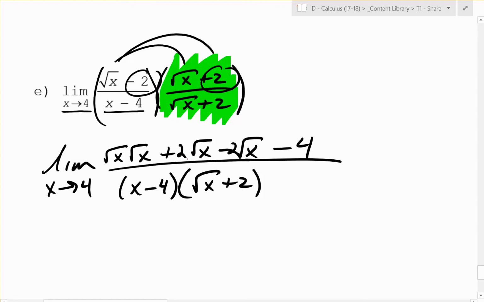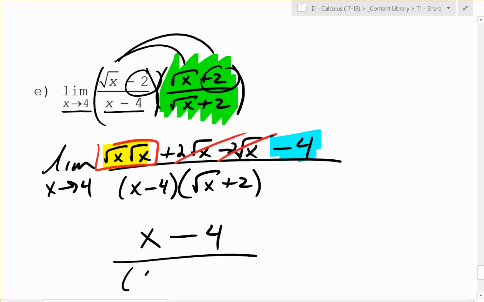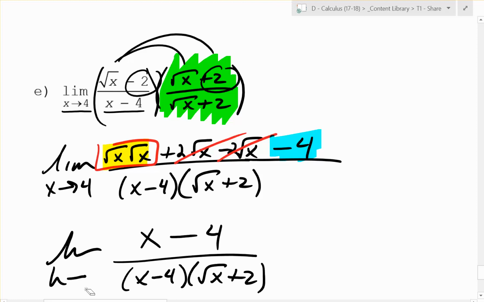These middle terms cancel. And the square root of x times the square root of x turns into just x. So the numerator is x minus 4, and the denominator stays x minus 4 times the square root of x plus 2. And it's the same limit as x goes to 4.